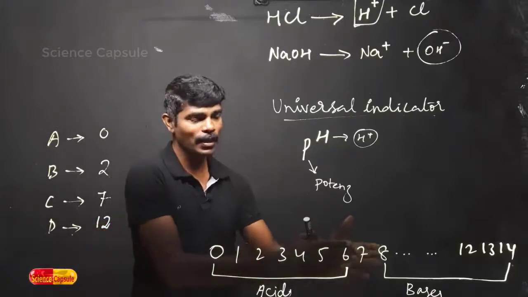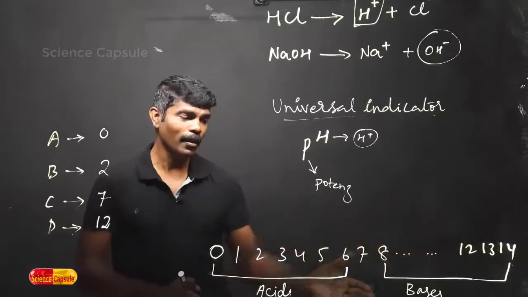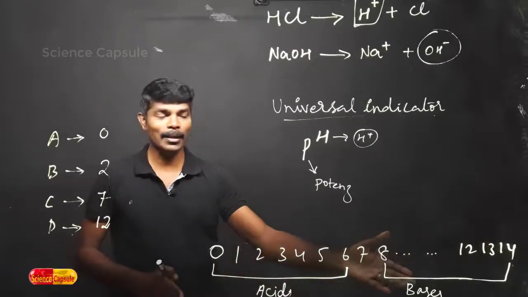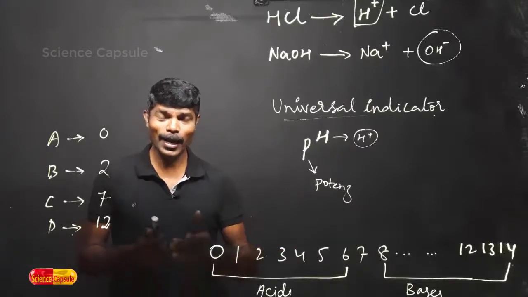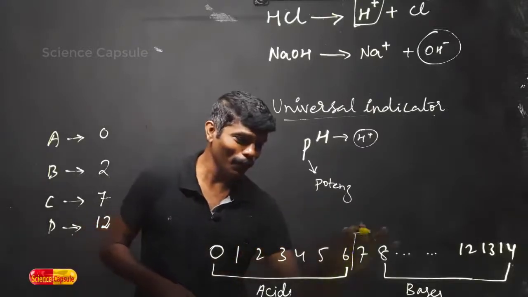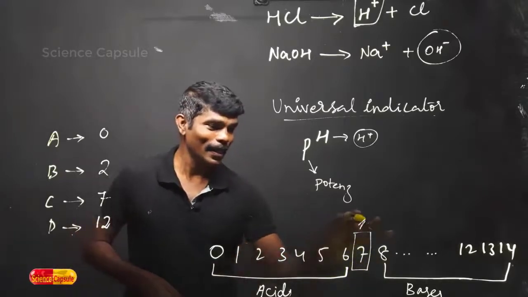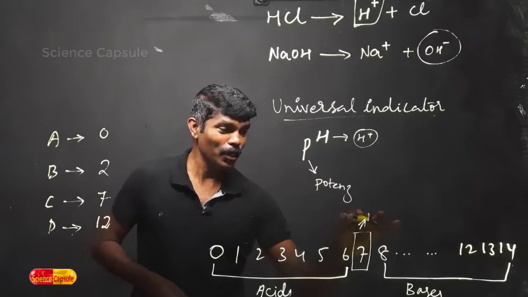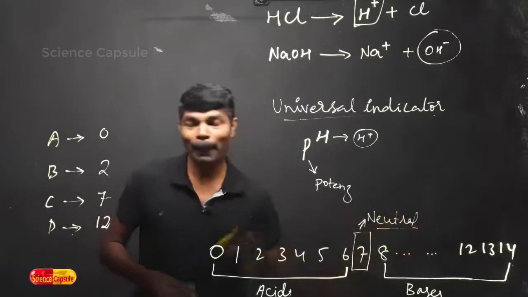If a substance has the pH value ranging from 8 to 14, it will be considered under bases. Now, you may be asking, if a substance has the pH value 7, then what will be the chemical nature of that substance? This is considered under neutral. So, neither acidic nor basic.